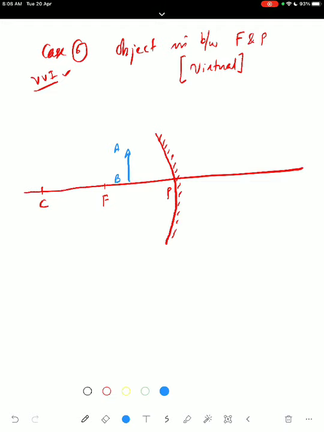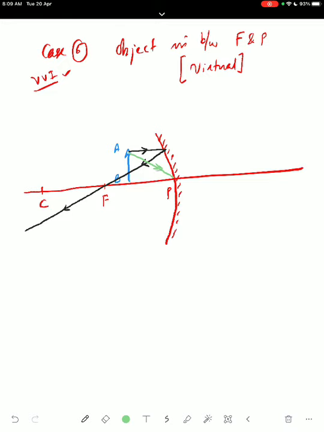The first ray, parallel to the principal axis, after reflection passes through the focus. The next one, the second ray of light, reaches the point that is the pole.